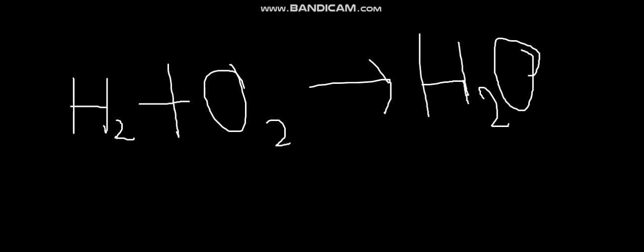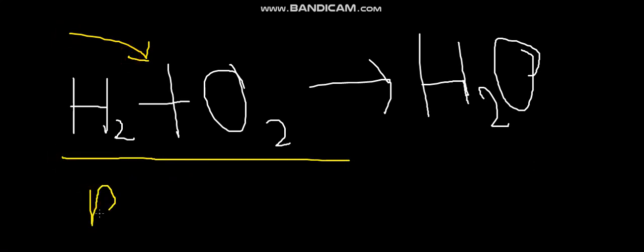When you are talking about a chemical equation, you should know that there are two sides. The left side is called the reactants, as they make a reaction.